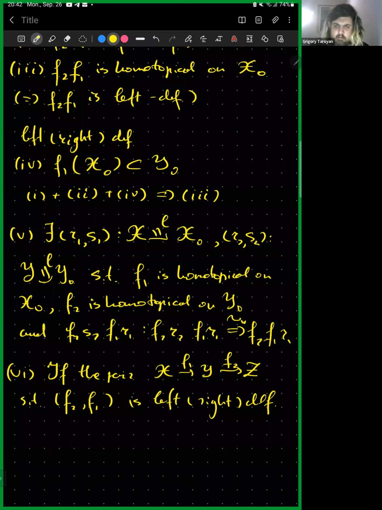Additionally, X, Y, and Z are saturated, meaning that the localization map to the homotopy category of these homotopical categories inverts only equivalences.